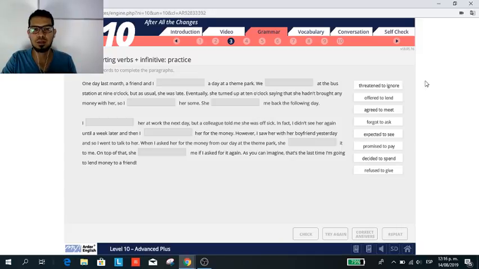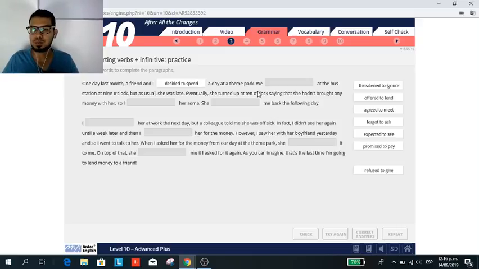So we're going to select one of these and drag it into these little boxes. I will say the verb that best fits in here is decided. So, a friend and I decided to spend a day at a theme park.